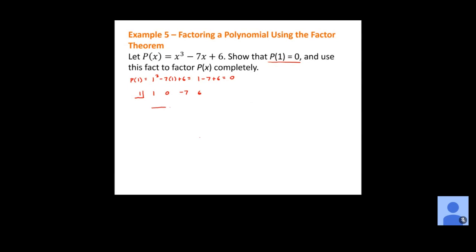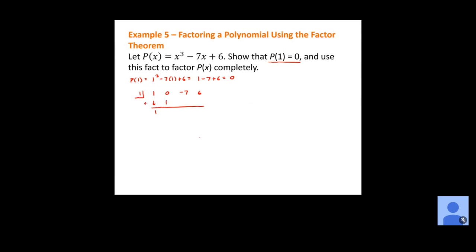All right, what's our first step with synthetic division now? Bring down the 1. Good. So bring that down. Now we're going to multiply. What's 1 times 1? That gives us 1.